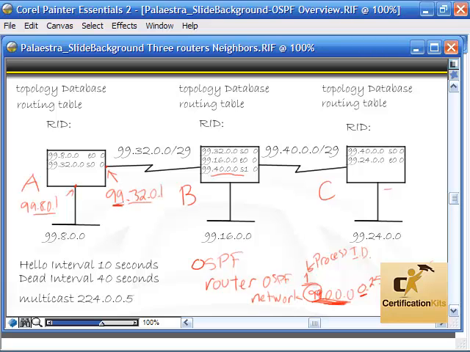Is that a 99? Yes, it is. The 255 means it doesn't matter what's in the second octet. 255 means it doesn't matter what's in the third octet. 255 doesn't matter what's in the fourth octet. So the only spot that it has to match is where this 0 is, which is in the first octet. So any interface with an IP address that starts with a 99 is going to apply to this statement.